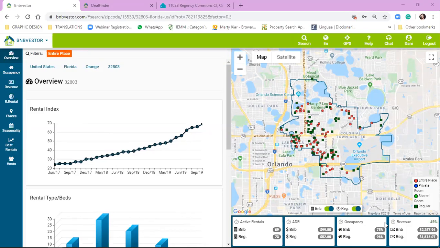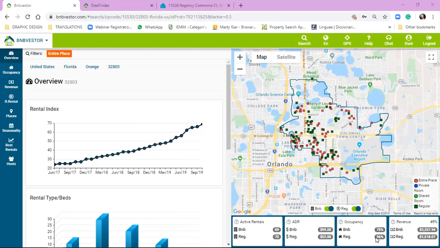The occupancy rate is 75% for B&B listings and 96% for regular rentals. Then we have a revenue of 2,257,000 for B&B listings, and for regular we have 1,500. We have an additional revenue of 49% in this area, okay?